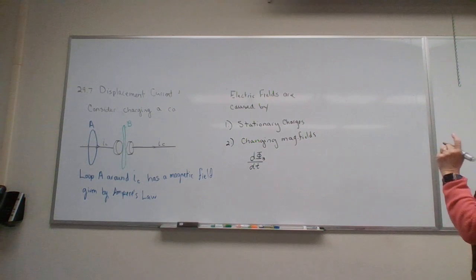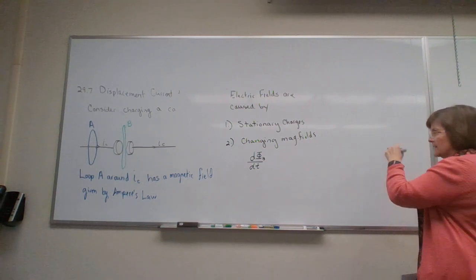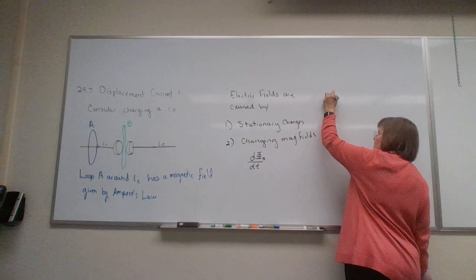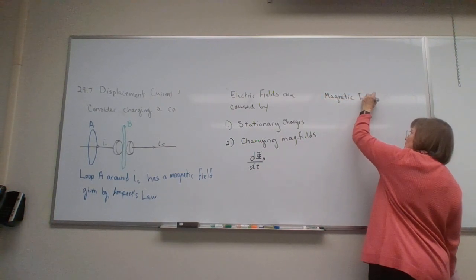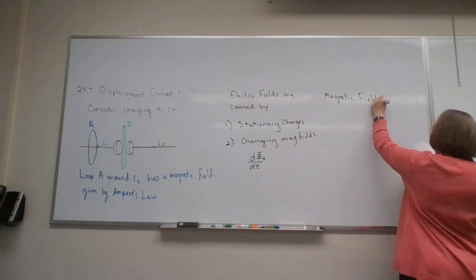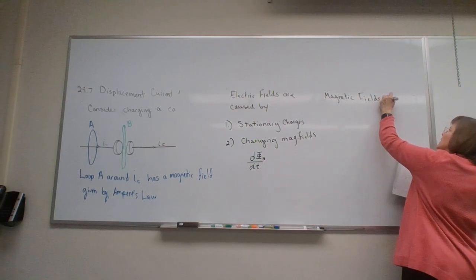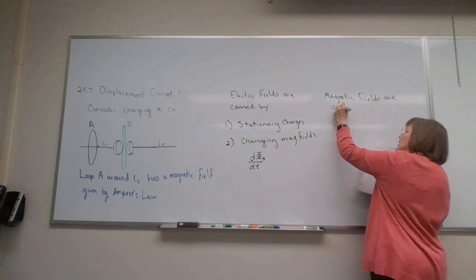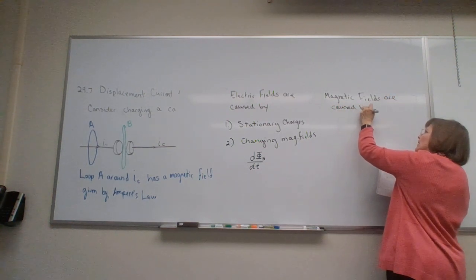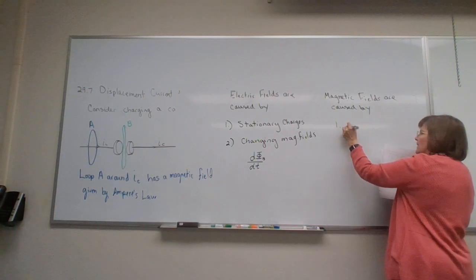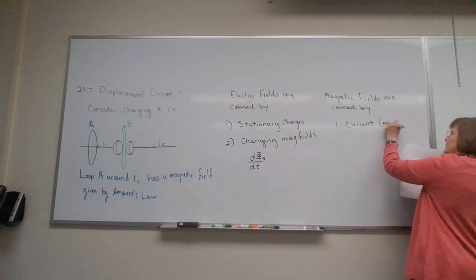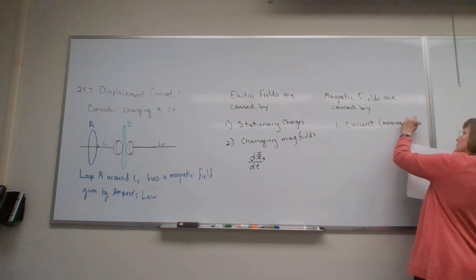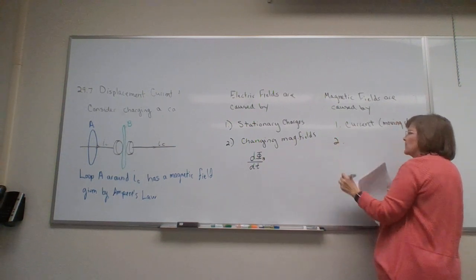So, if we think about the symmetry in physics, magnetic fields can be caused by, one, currents, the same thing as saying moving charges, and two, that's where we're at.